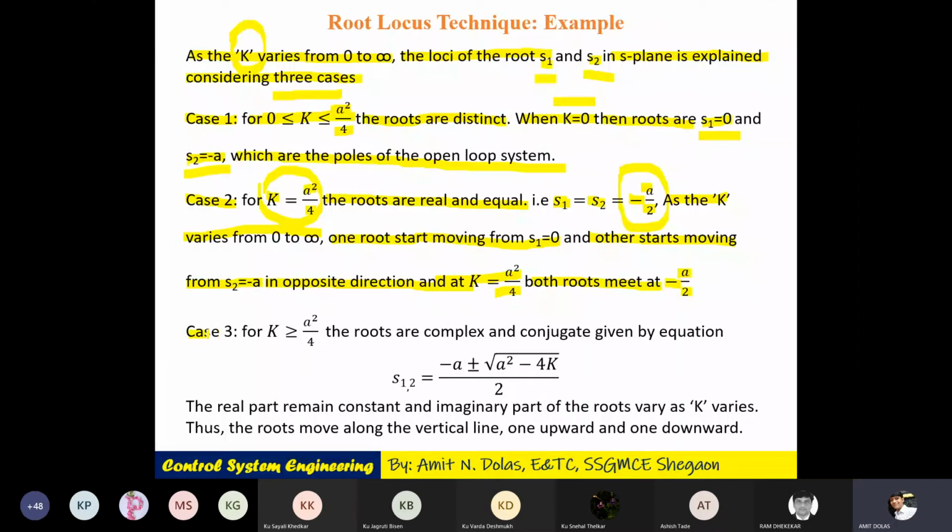If k is greater than a square by 4, then the roots are complex conjugate, and given by the equation minus a plus minus under root a square minus 4k divided by 2. The real part remains constant, and the imaginary part varies with k, thus the root moves along the vertical line, that is upward and downward.